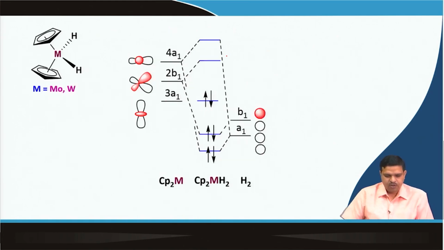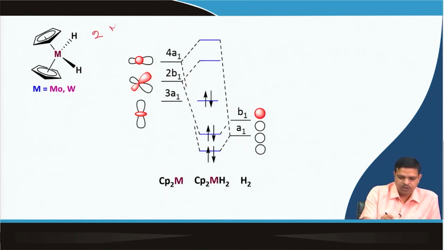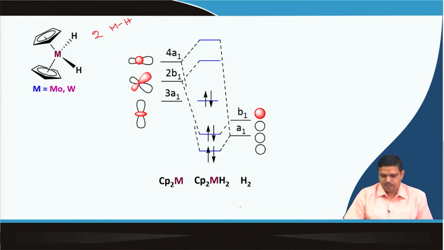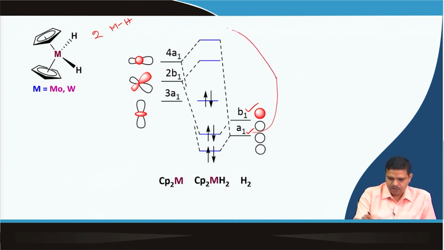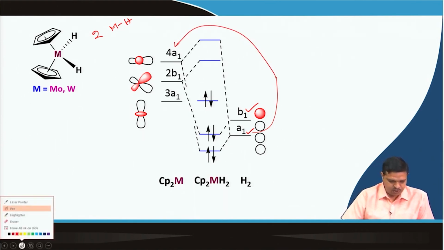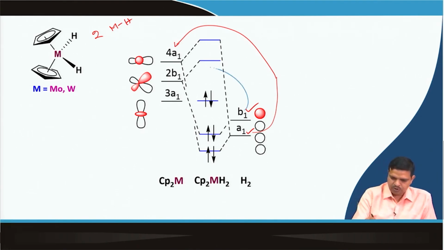Now, what will happen if I go to the next system, this one? Let us see. Here I have now two M-H, so I have to consider two H. Now one is bonding and one is anti-bonding. Here I have an a1 and a b1. This a1 will interact with this one because the symmetry is matching, and this b1 again interacts with the b1 symmetry of the d orbitals, because the symmetry is matching.